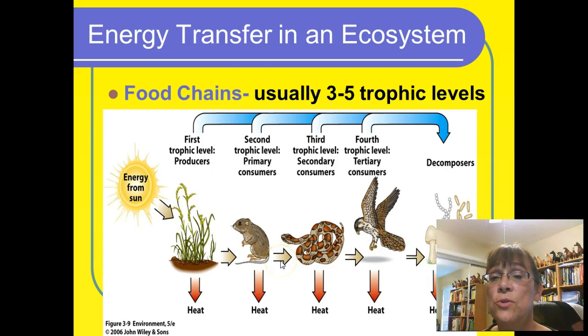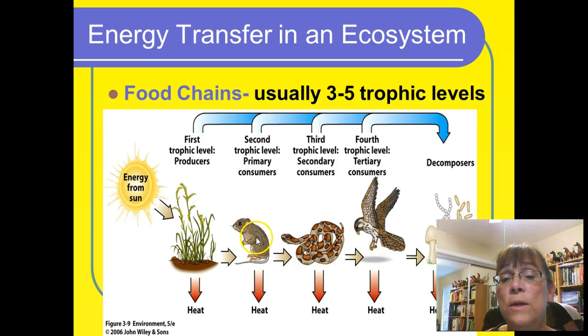Food chains usually are 3 to 5 trophic levels, and that's because there is a loss of 90% of the energy at each trophic level. Okay. First level is always producers. Second level is always going to be your primary consumer, and this is where you can get tripped up, because trophic levels, you have 1, 2, 3, 4.